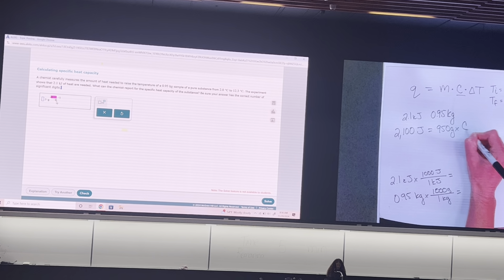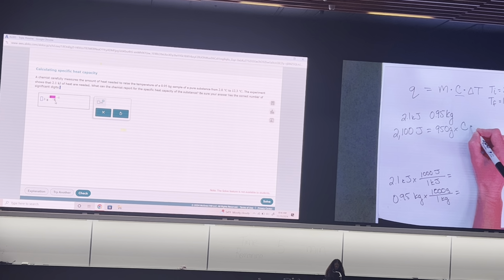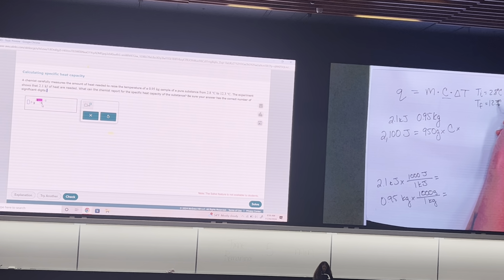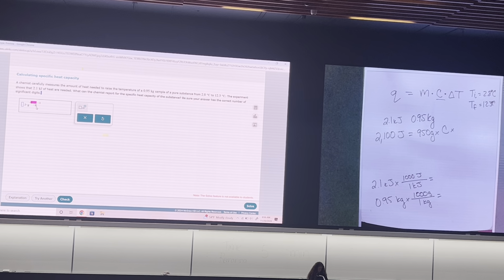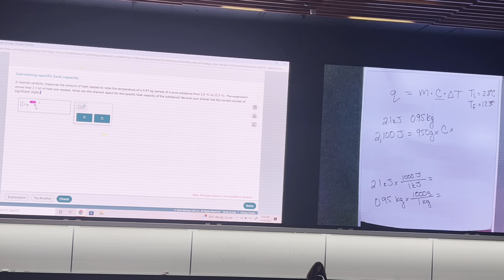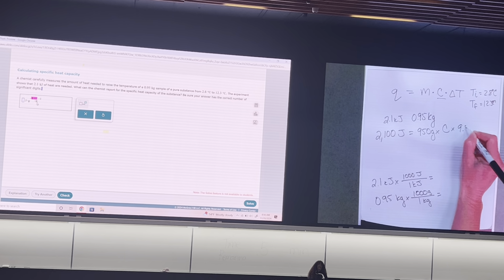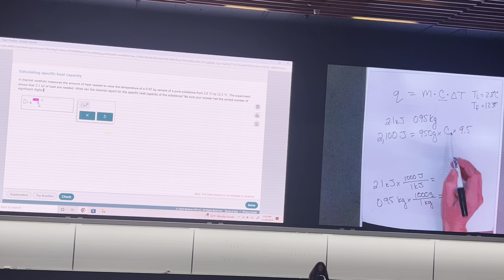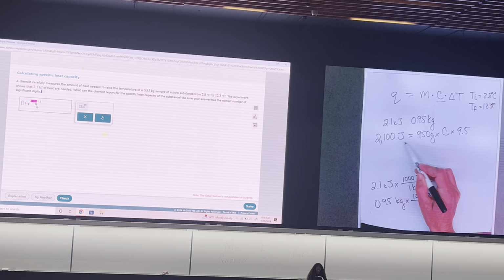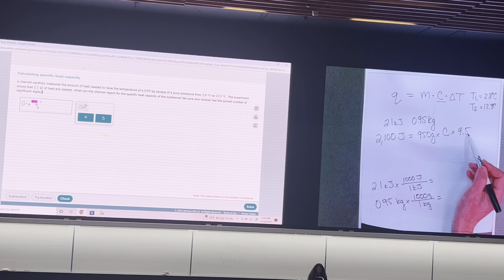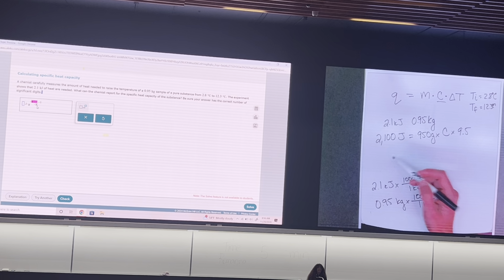We're trying to find C. And our temperature change is 12.3 minus 2.8. So that's 9.5. So I'm just going to solve for C. I'm going to divide over my 950. I'm going to divide over my 9.5.